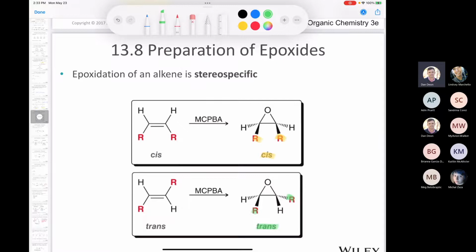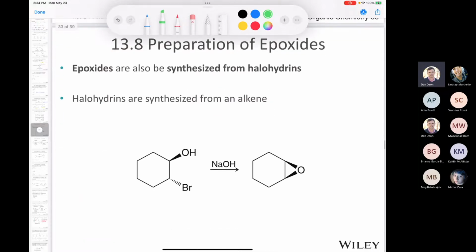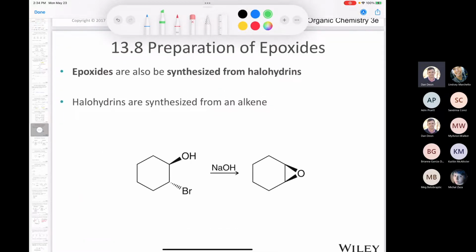Well, you might be wondering, are there other ways to make an epoxide besides using MCPBA? I'm glad you asked. There is another way to make an epoxide, and an epoxide can be synthesized from a halohydrin. And hopefully you remember halohydrin formation, when we take an alkene and treat it with bromine in water as a solvent, and we end up adding a bromine and a hydroxyl.